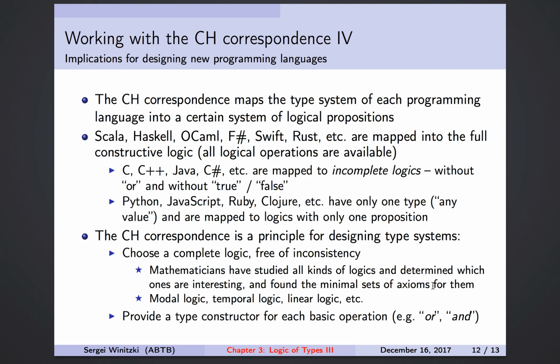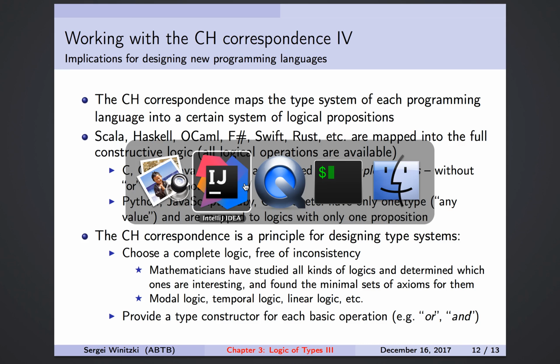It tells us what is actually useful, what are the operations that are useful, what are the operations that are not necessary, what is the minimum set of operations that is required. Do not remove things from the minimum set that's required. Don't try to make a logic that doesn't have a true or false constant, or doesn't have an OR operation. That is an unnecessary limitation that is very hard to lift.